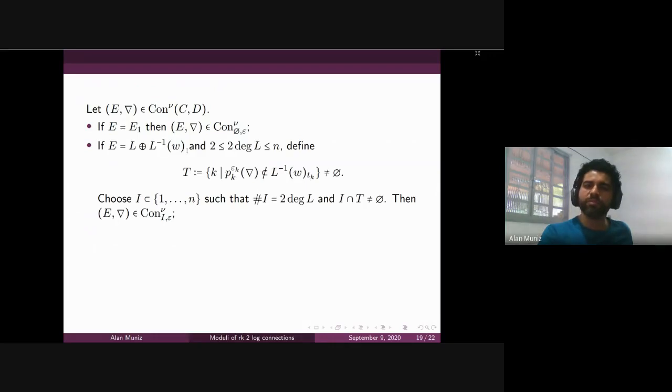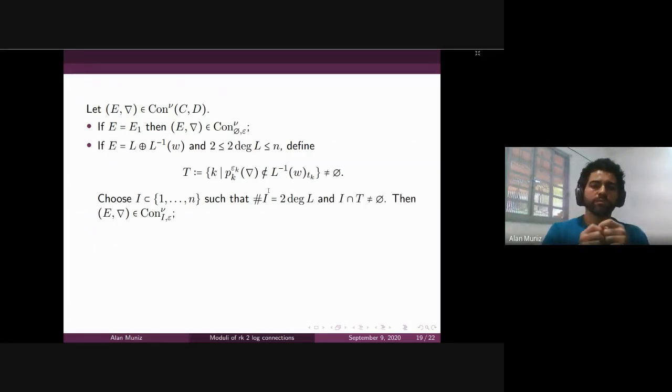If it's decomposable, but 2 times the degree of L is less than or equal to n, we can give some argument here to choose the epsilon very well.